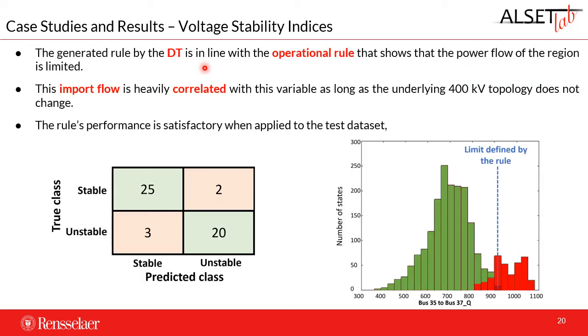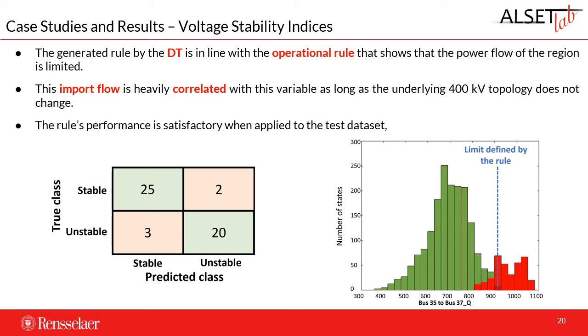The decision tree that we generated is very much in line with an operational rule that defines a limit on the power flow in the region. So here you have the limit defined by the rule, and here we have the flow that needs to be limited. This input flow is heavily correlated with the underlying 400 kV topology and doesn't really change that much.